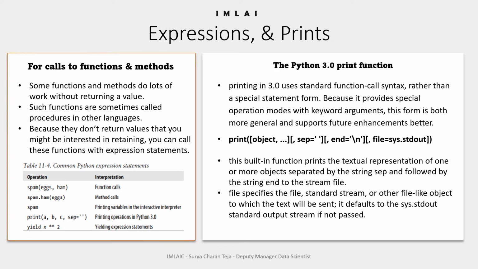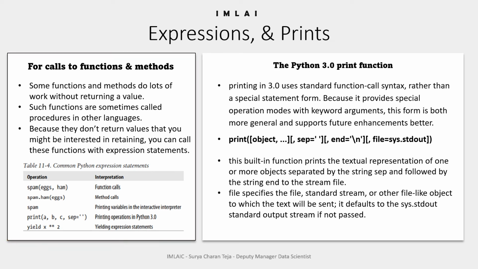Fundamentally, it is an expression. Typing one in an interactive interpreter, or typing a string object, is an expression. So when you execute it, it is an expression statement in totality. Printing operations are also expression statements, and yield is another expression statement.